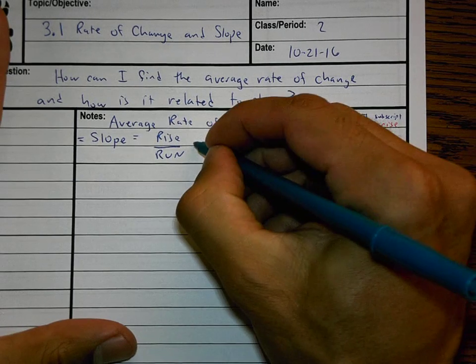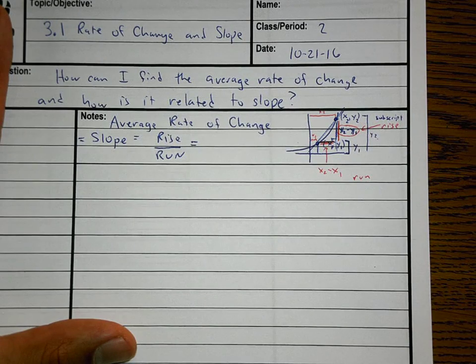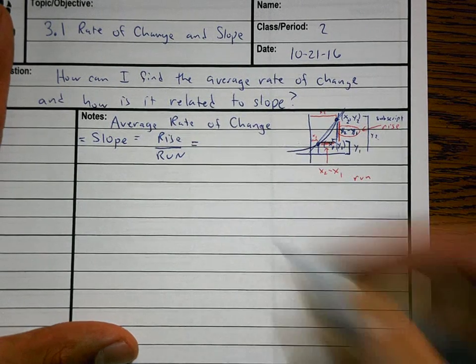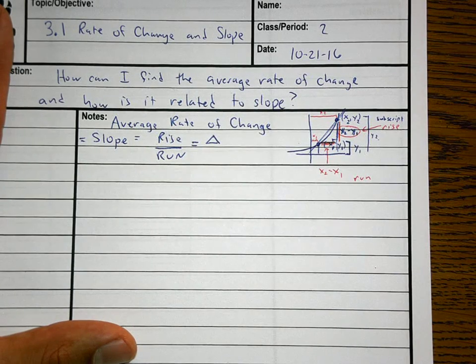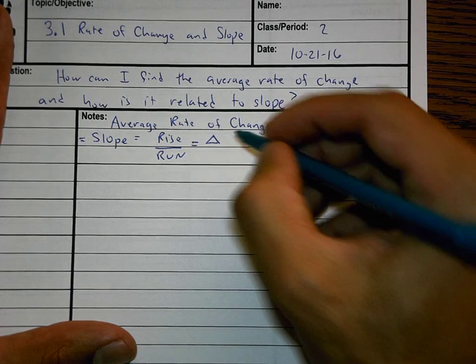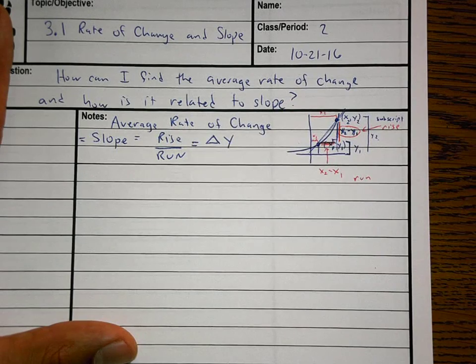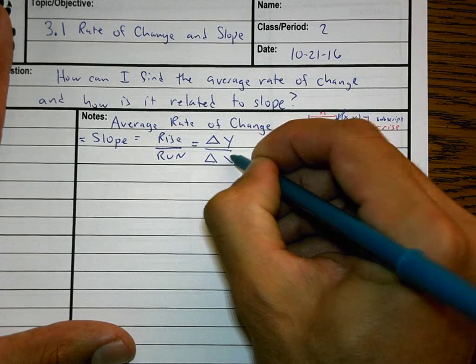And we use symbols sometimes in higher level math. And I'm going to show you a Greek letter. This is called the letter delta. It's a triangle shape. Delta y over delta x.